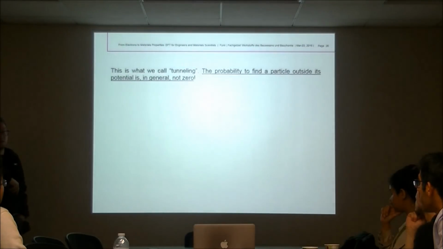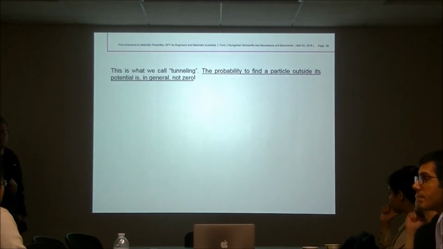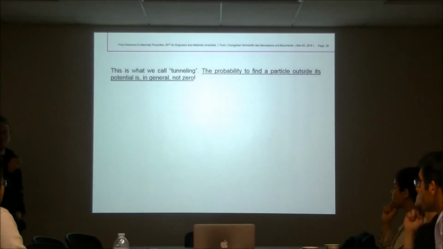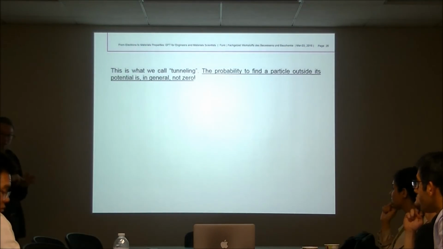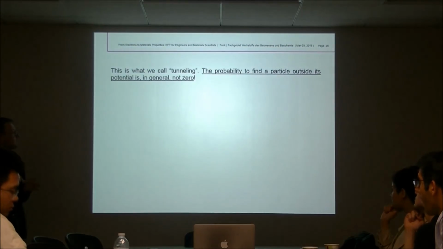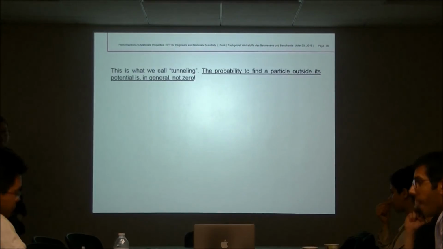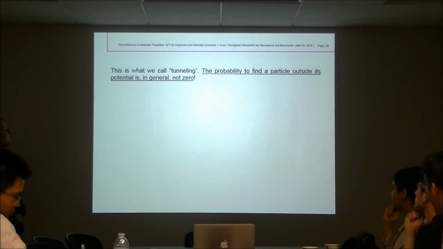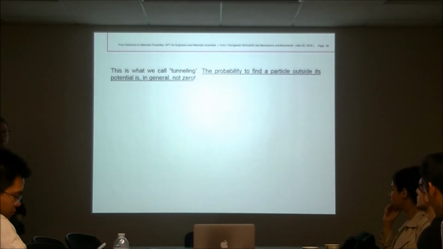We are using this for technical applications. Scanning tunneling microscope: the tip is not in contact with the surface, and still we get a current because we are tunneling. Or another nice way, perhaps you know it from nuclear physics.